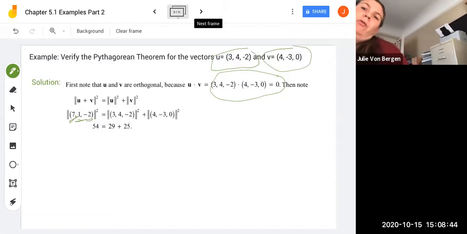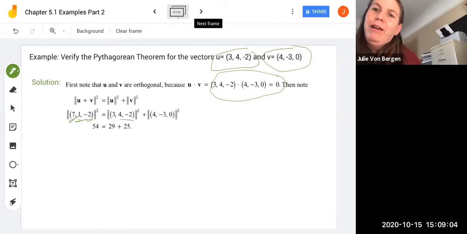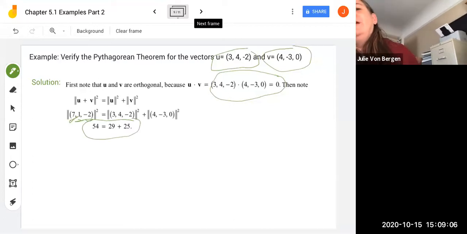So if you do that norm squared, you get a 54. That makes sense: 49 plus 1 plus 4. And then the norm of u squared is 29, and the norm of v squared is 25. So if you add all these up, you get 54 equals 29 plus 25.